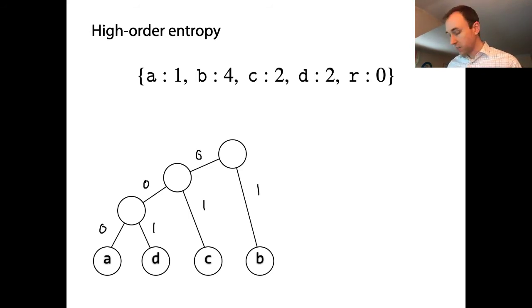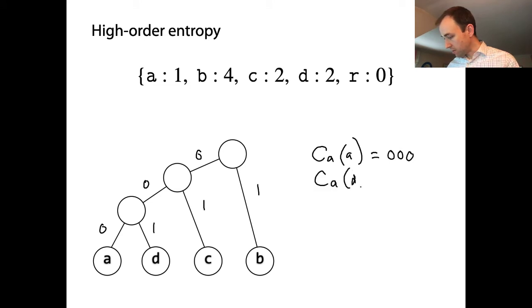So I'm going to call this C subscript A of A. What's the code for A when my left context is A? It's dictated by this Huffman tree. So it's this path, so it's just 0, 0, 0. We can do the same thing for D, which has code 0, 0, 1. So C subscript A of D equals 0, 0, 1.